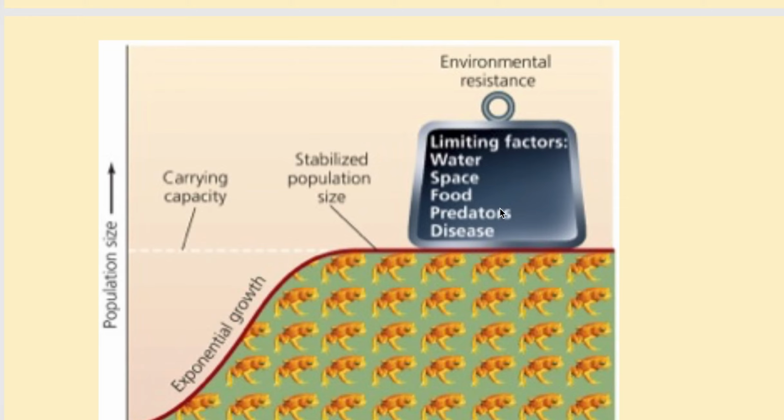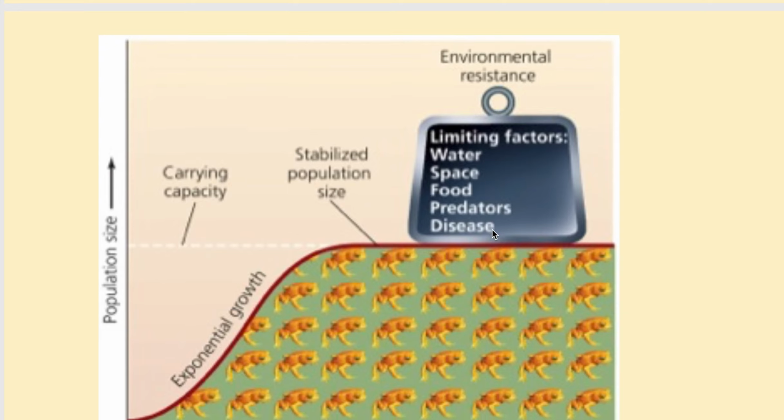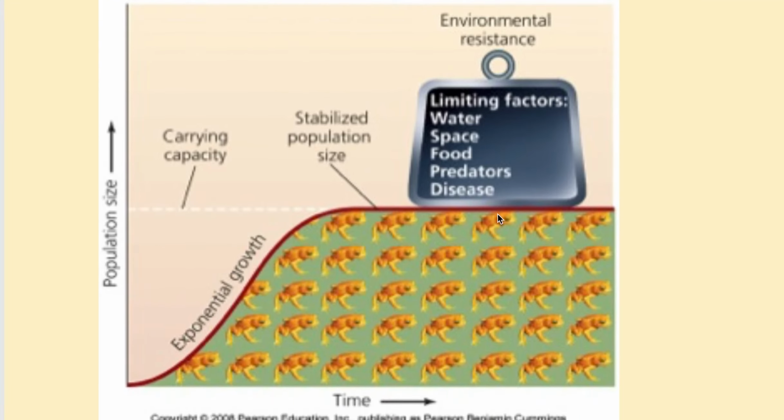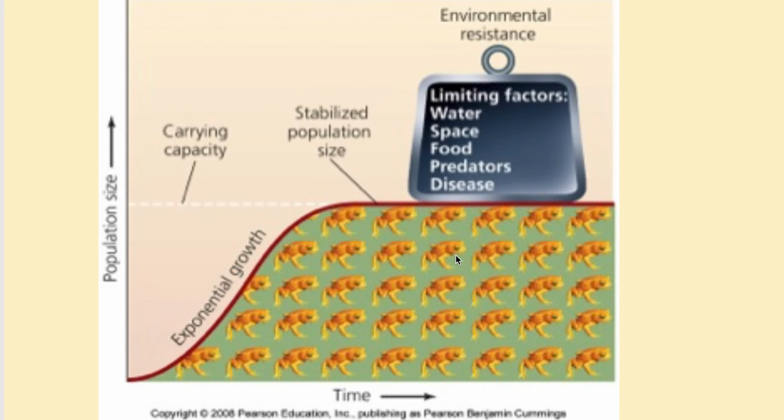If there are predators in the area, it's going to limit, and of course, disease. And so these are all the factors that can push down on an ecosystem population, right? You can even have a hurricane, a storm. All of that also can push down. So here you can see that exponential growth, and then it gets stabilized, pushed down by those limiting factors.